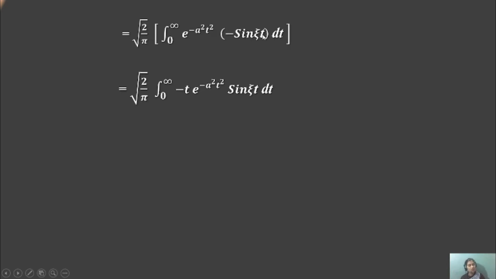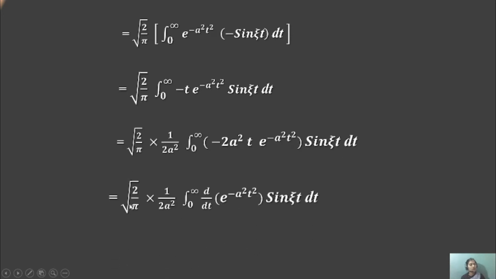Taking minus and t common, we get e to the power minus a square t square sin xi t dt. Then to balance the equation, we multiply and divide by 2a square; the 2a square in numerator and denominator cancel. Then we put square root of 2 by pi times 1 upon 2a square integral 0 to infinity of minus 2a square t e to the power minus a square t square sin xi t dt. Okay, this will be the form.